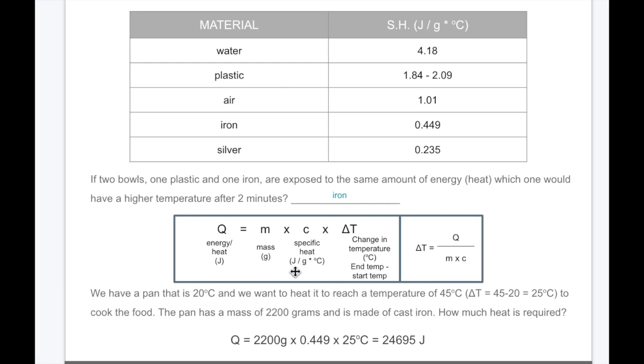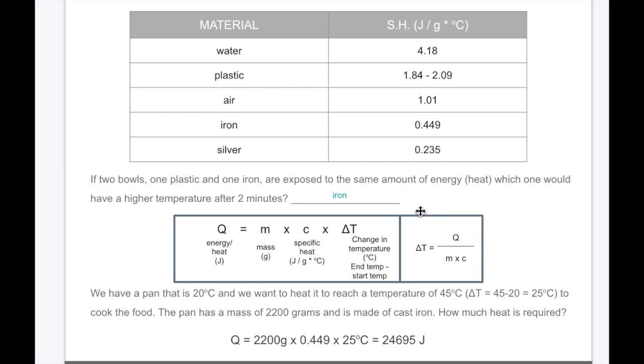Its units are joules per gram times degrees Celsius. Delta means change, so delta T is the change in temperature, in degrees Celsius. To find the change in temperature, you take the end temperature minus the starting temperature.